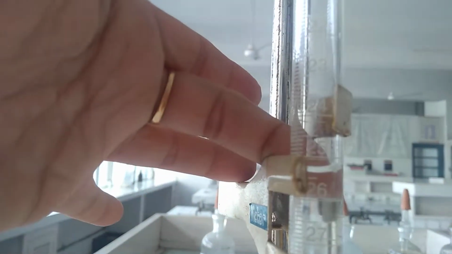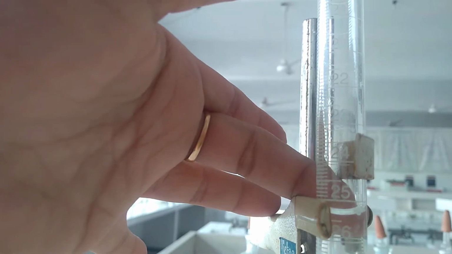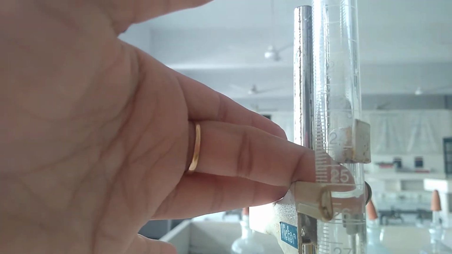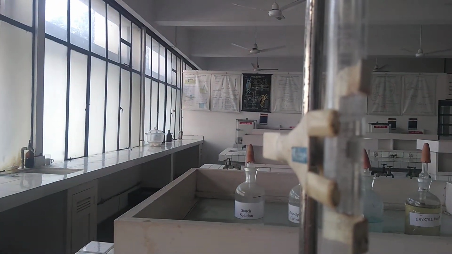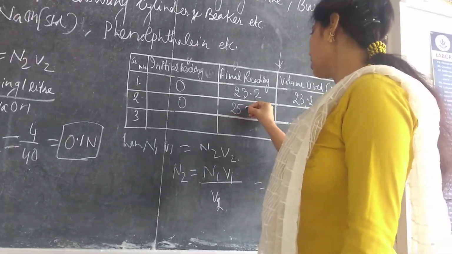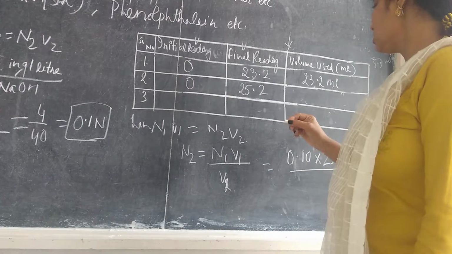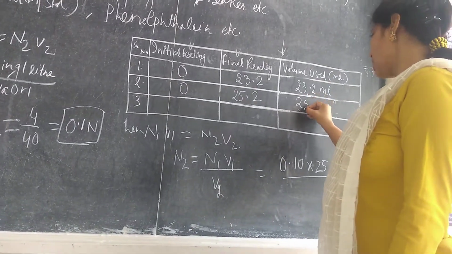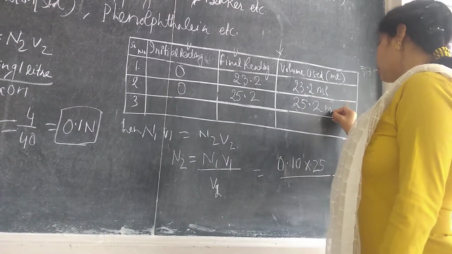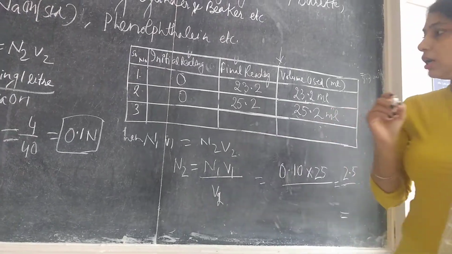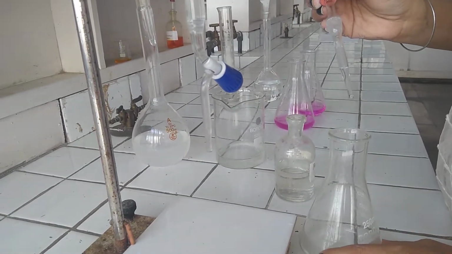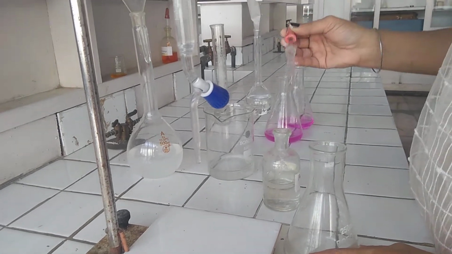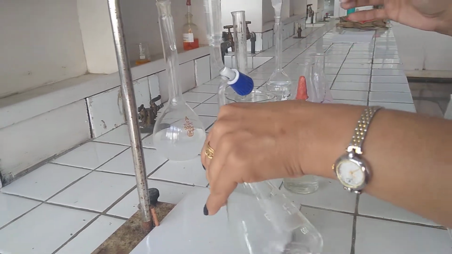See, this is your 25. It is 25.2. My second reading is 25.2. So volume used is 25.2 ml. Now I am going to take the third reading, adding 1 to 2 drops of phenolphthalein again.